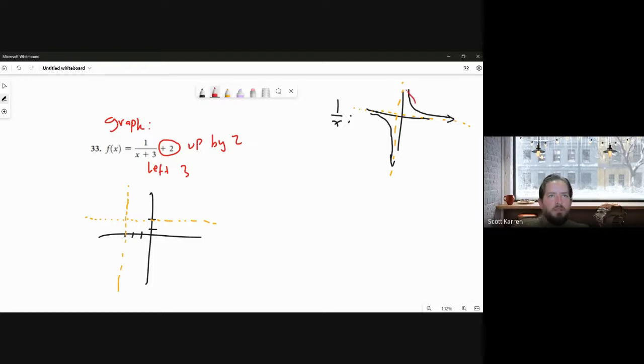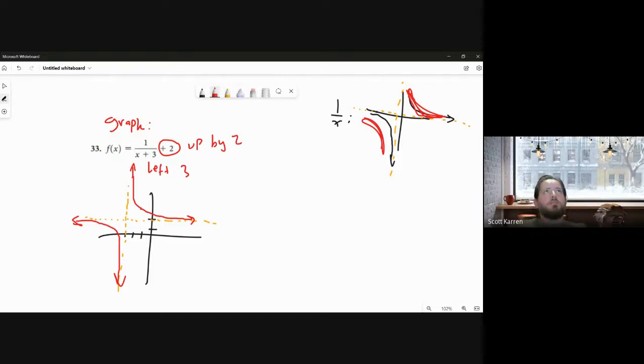It's still going to be this upper right little graph that is going to asymptotically come off of the y-asymptote that's been shifted, and asymptotically approach the x-axis. And then the same thing down here, this guy simply asymptotically leaves the x-axis that's been shifted and approaches the shifted y asymptote. And so that's it. We've just taken this thing, shifted it left 3 and up by 2.